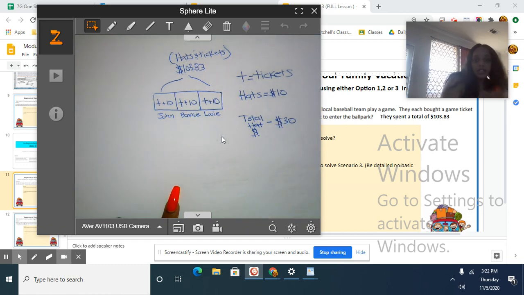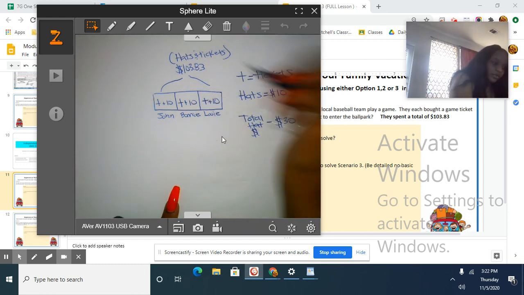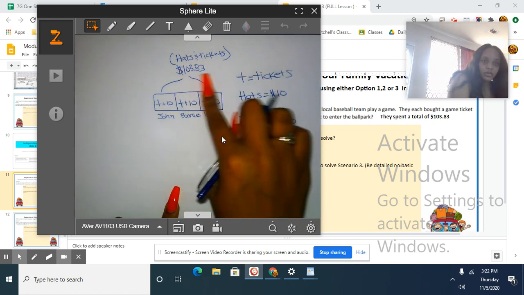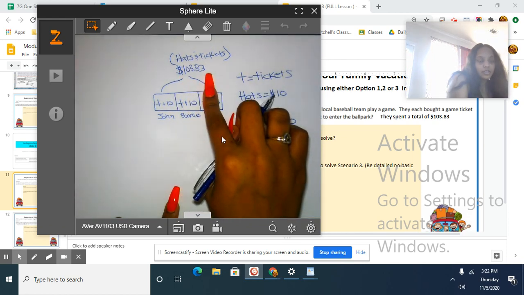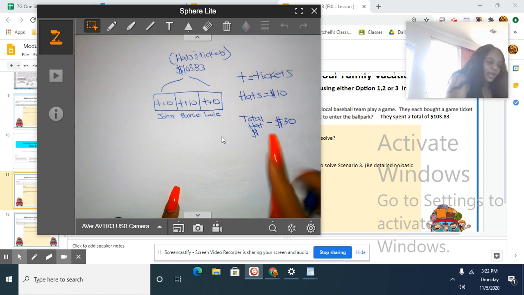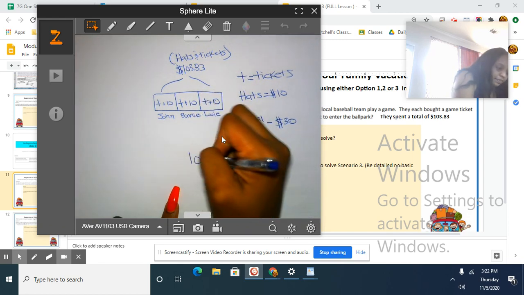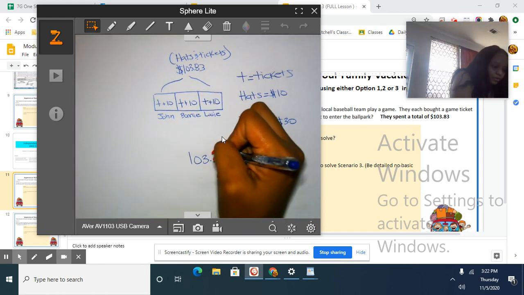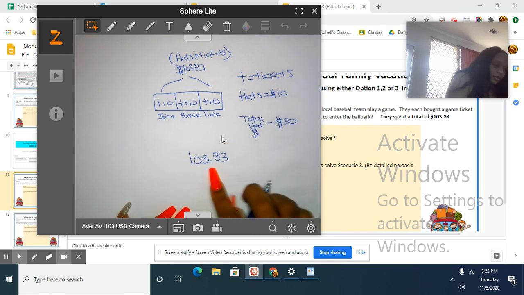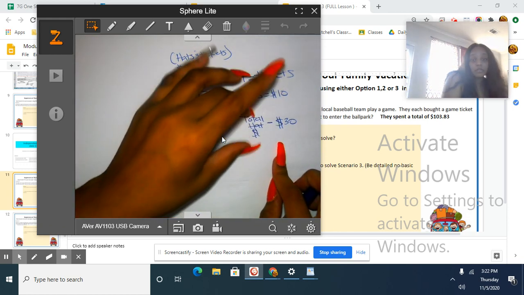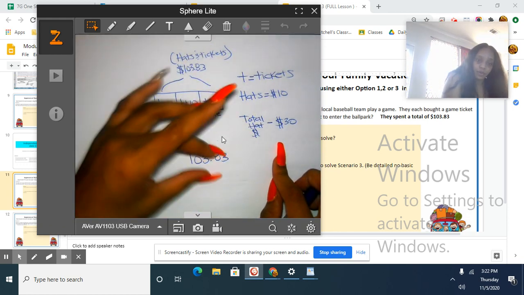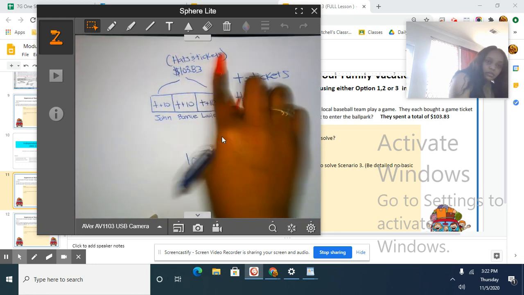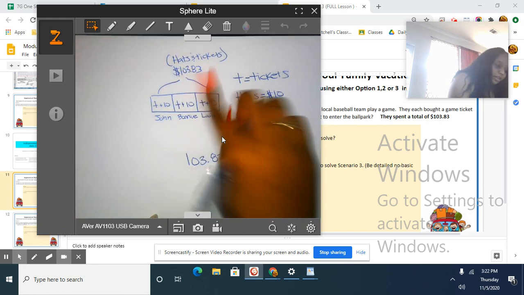Now we need to find the total cost for the tickets. Since this is a total for both hats and tickets, and this is a total for the hats, we have to subtract the total for the hats from the total they spent altogether.